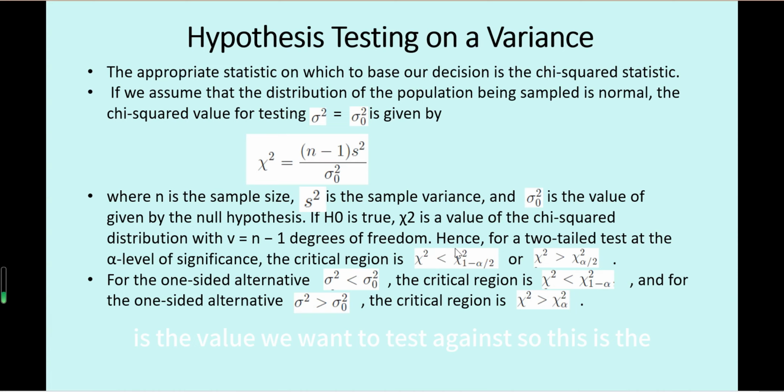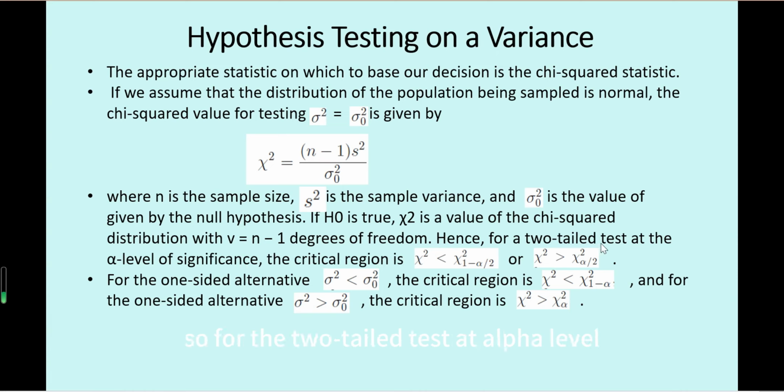So all the information for the statistic can be calculated, and this statistic has a chi-squared distribution with n minus 1 degrees of freedom.